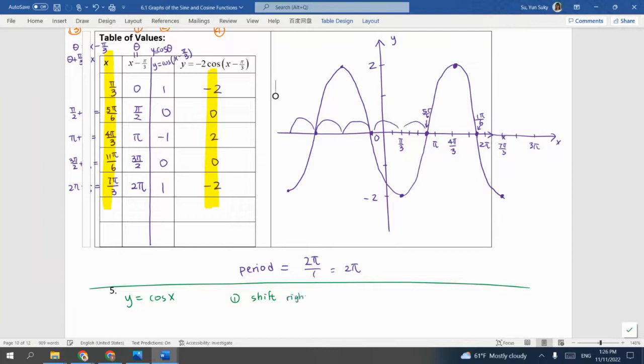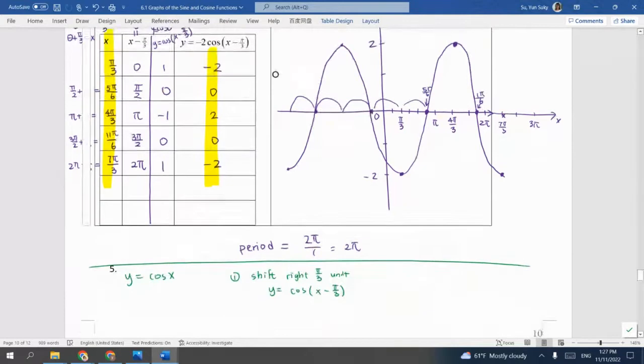Shift right, pi over 3 units. So then you get y equals cosine of x minus pi over 3, right? And then what did the negative do to it? We flip over which axis? X-axis, very good. So y equals negative cosine of x minus pi over 3.